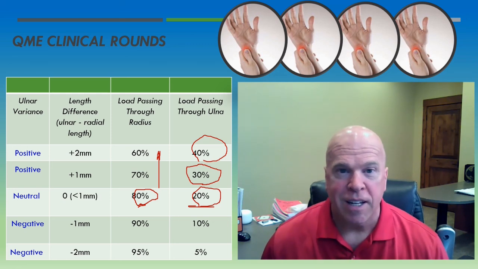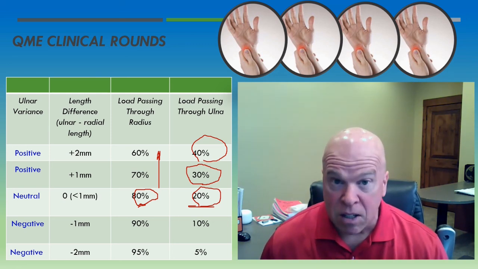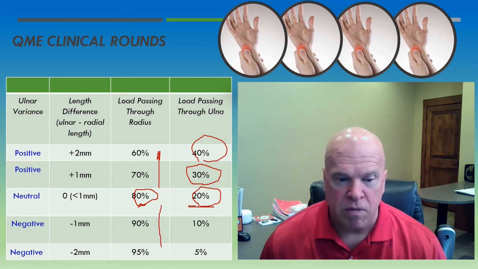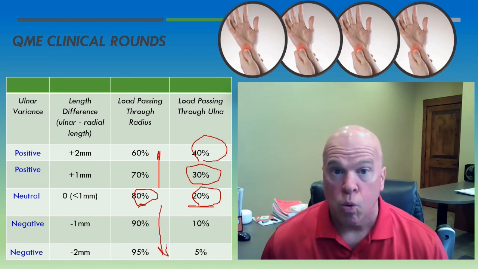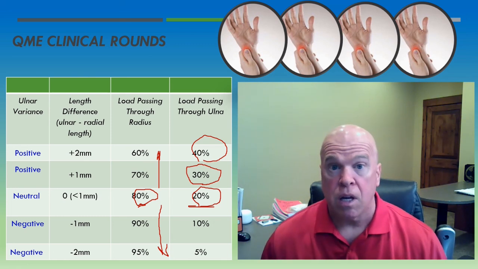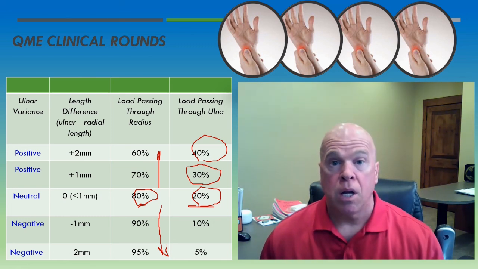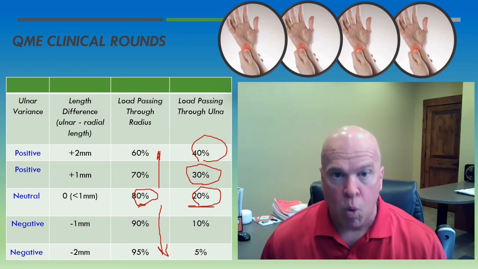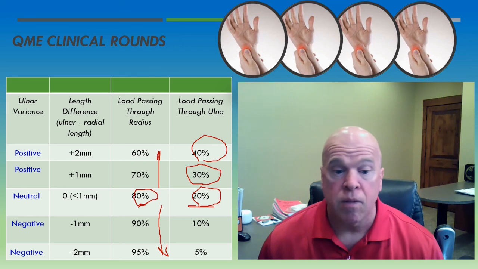On the other hand, in cases that involve a negative ulnar variance, what we see is an increasing proportion of forces now going through the radiocarpal joint. This is at the radiolunate articulation, the radioscaphoid articulation. Okay, we're getting more towards the radial side of the wrist.